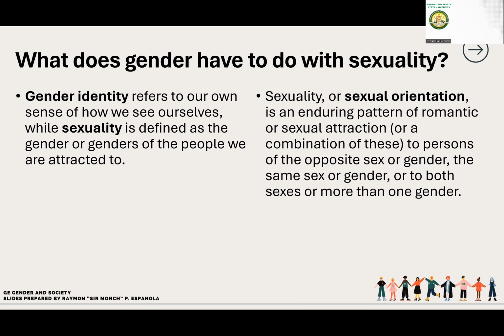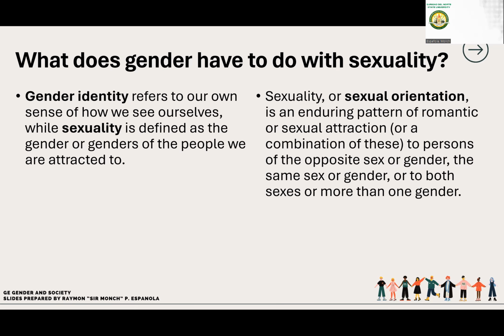That is our gender self-categorization, while sexuality is defined as the gender or genders of the people we are attracted to. The more comprehensive or inclusive term that we can use for sexuality in this context is sexual orientation.